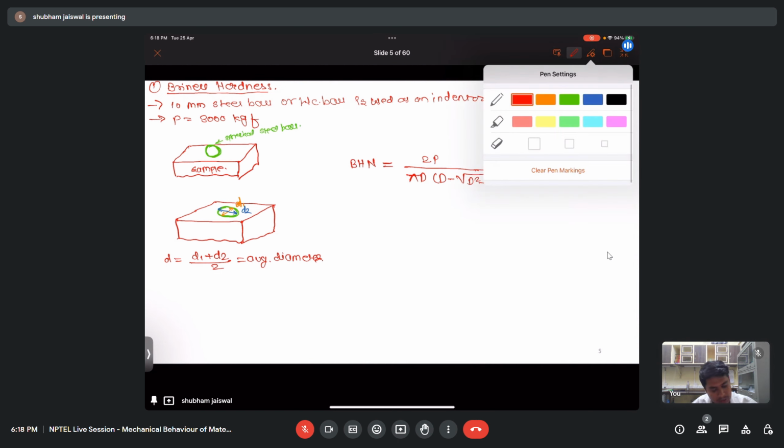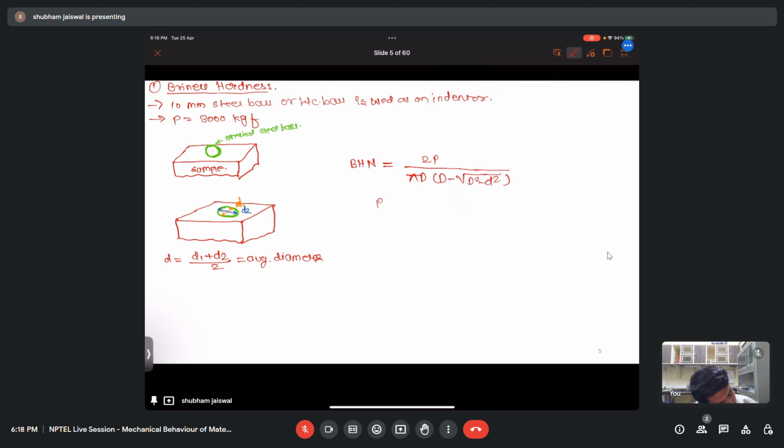Here P is the load that we have applied, in kgf. Then we have the capital D, which is the indenter diameter in mm. Then we have the small d, that is the diameter of the indenter impression, in mm. So this is how we get the value of the Brinell hardness number.